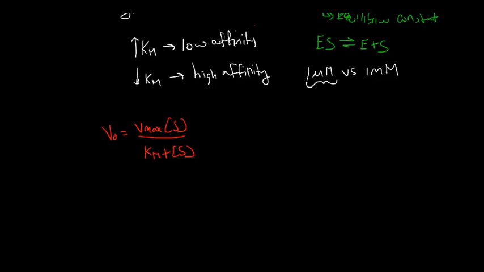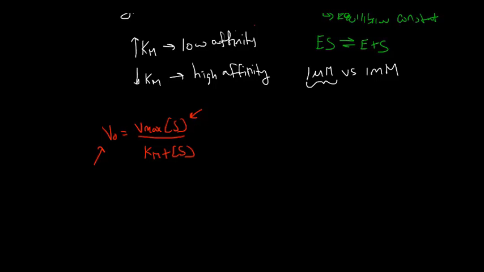Within this equation, we have some really important pieces of information. V0 is measurable. This is experimentally determinable, and it depends on the concentration of substrate. As you increase the concentration of substrate, the rate of the reaction increases as well.